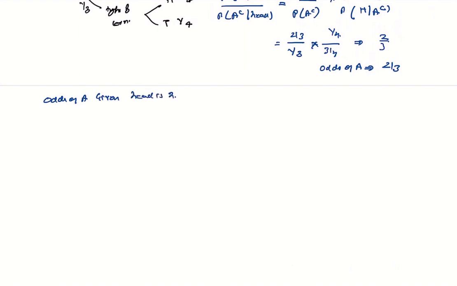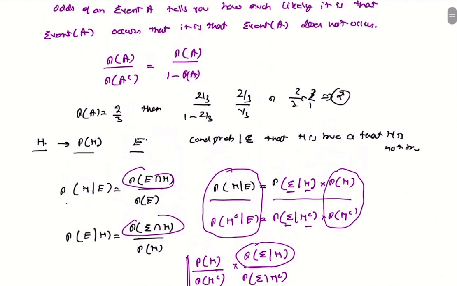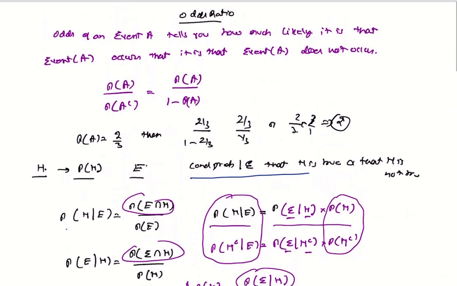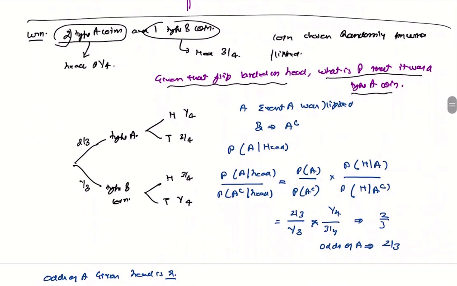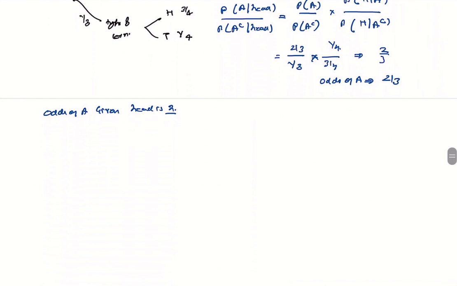But that doesn't give me the probability, and what we are asking is the probability: what is the probability that it was a type A coin? So now we have to go further. We know that the probability of A given head divided by the probability of A complement given head is 2 by 3.